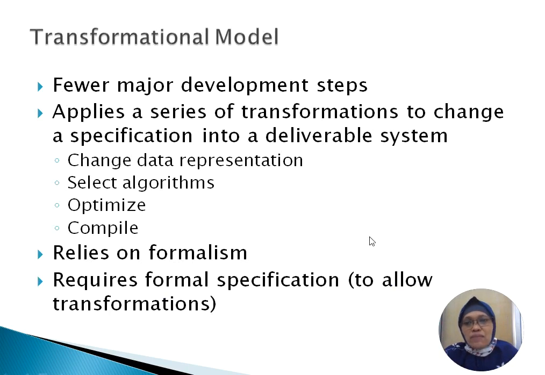And so we will know about the transformation model, which has fewer major development steps, and we apply a series of transformations to change the specification into a deliverable system, like changing data presentation, selecting algorithms, optimizing, and compiling. We also need a formal specification to make a transformation model.